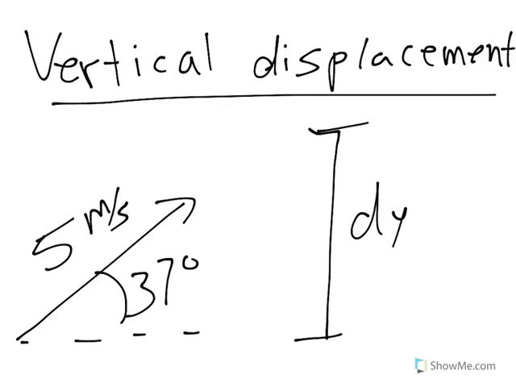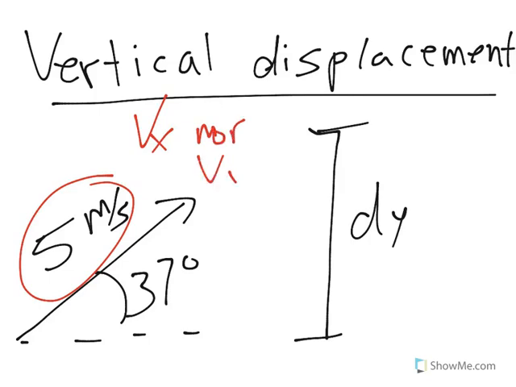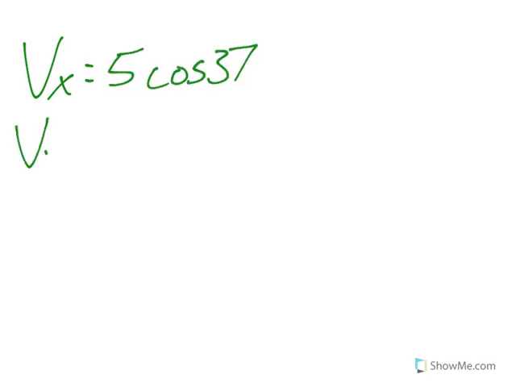First of all, we need to recognize that 5 meters per second is not the velocity in the x, nor the velocity in the y. So what we need to do is break this up into components like we did with vectors. So Vx is equal to 5 cosine 37, and Vy is equal to 5 sine 37.